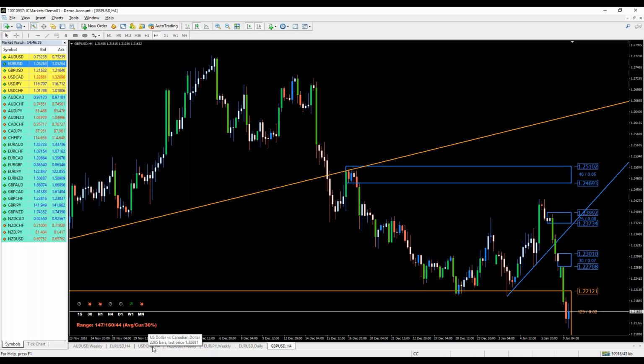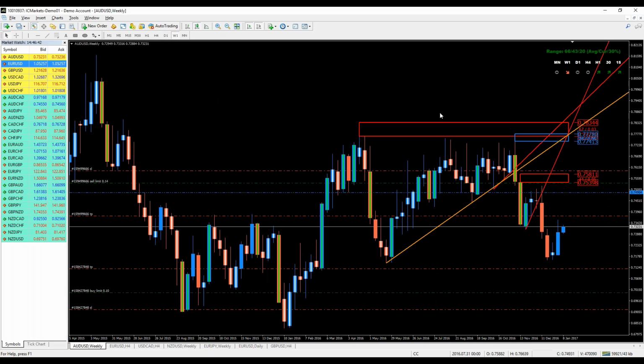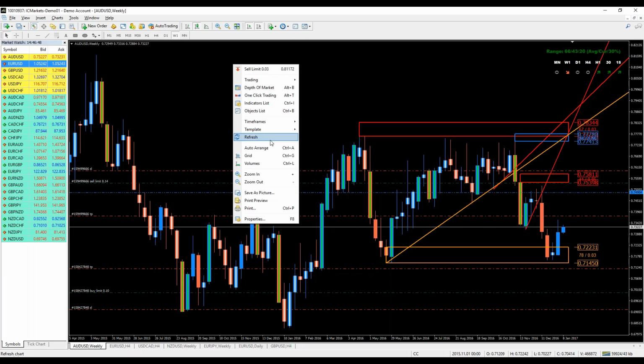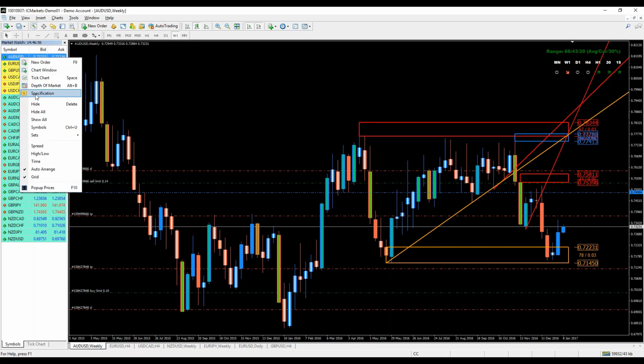Okay, if we have a look at the Aussie, what's going on here? Well, we can see that we have this area of demand, which has almost been taken out. Longer term, we should be buying. I'm not exactly sure how much of a difference there is.